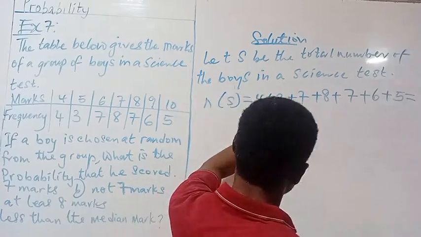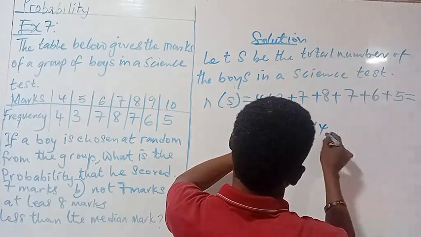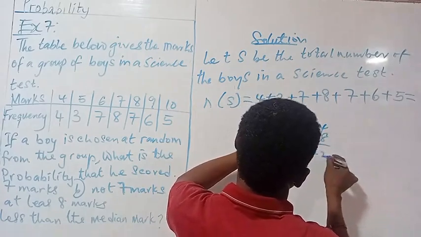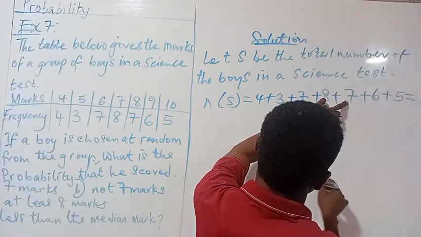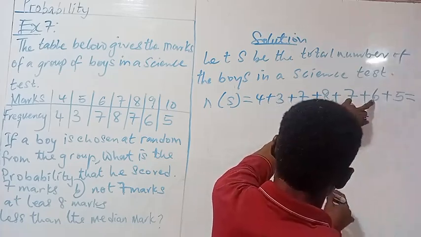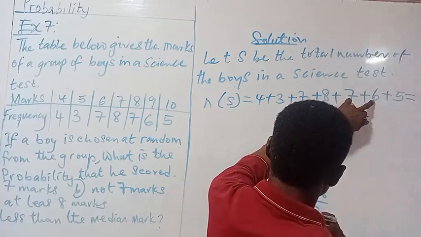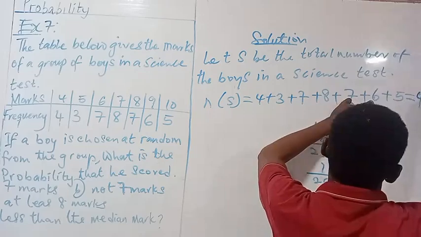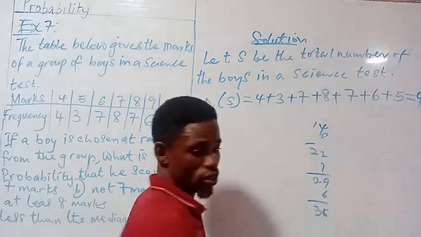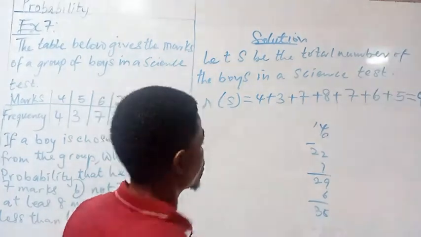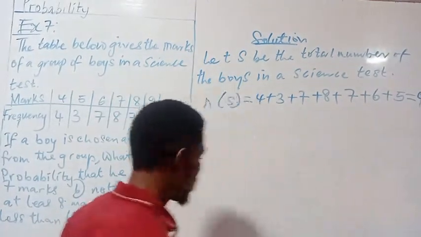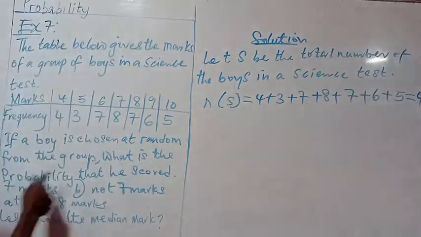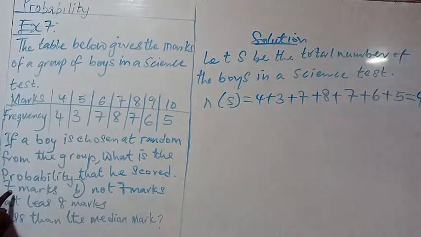Plus another 7, that is 14. 14 plus 8, that is 22. 22 plus 7, that is 29. 29 plus 6, that is 35. 35 plus 5, that is 40. So the number of the boys in that group is 40. Okay? Now the question says, find the probability that he scored 7 marks.